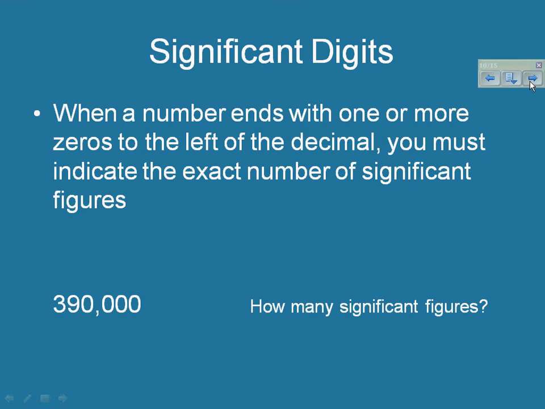So, significant digits. When a number ends with one or more zeros to the left of the decimal, you must indicate the exact number of sig figs. So how many sig figs in this number? Hopefully you're saying 2.